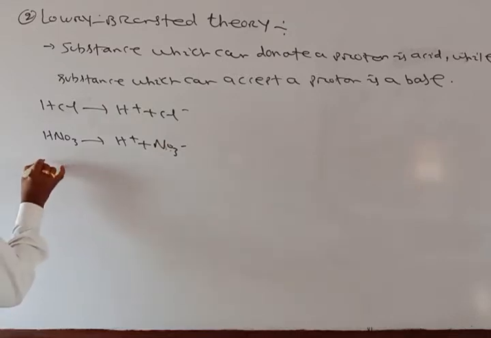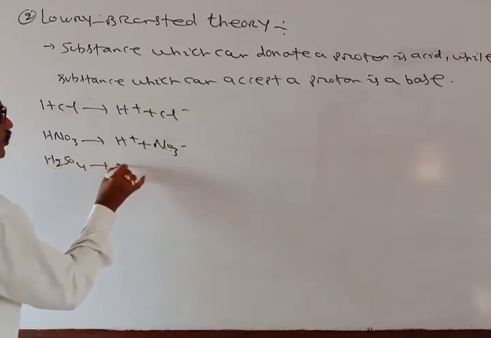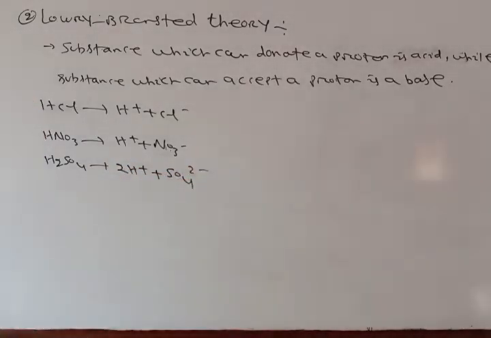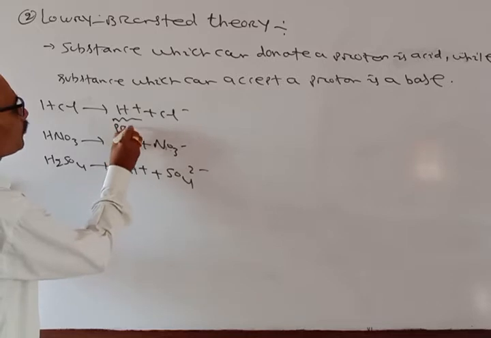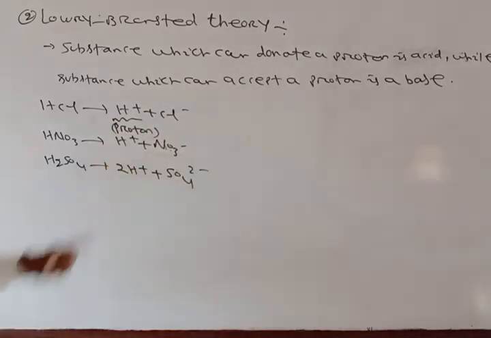H2SO4 gives 2H plus and SO4 2 minus. So in these cases, these substances are donating a proton. Here the H plus is considered as a proton. This is a proton, this is 2 protons, okay?